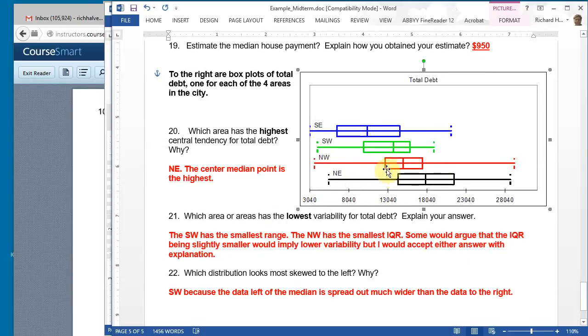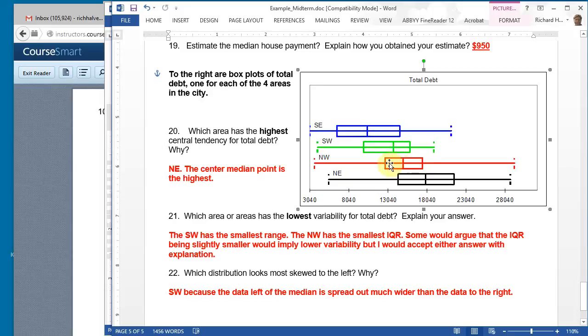We see here that for range, this is the skinniest, or the least variable, and we see that the northwest would be the most variable if we're just looking at range. If we're looking at interquartile range, though, I think we'd see that the northwest is slightly less variable.